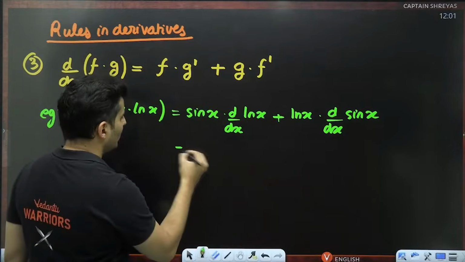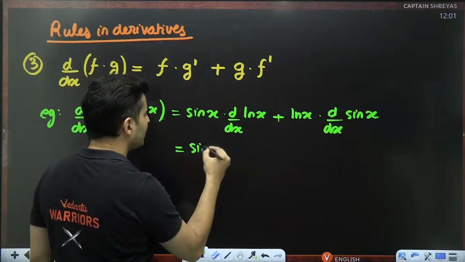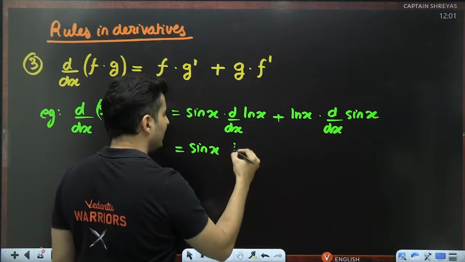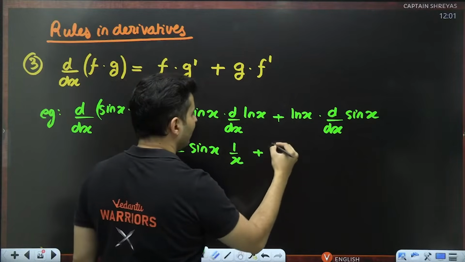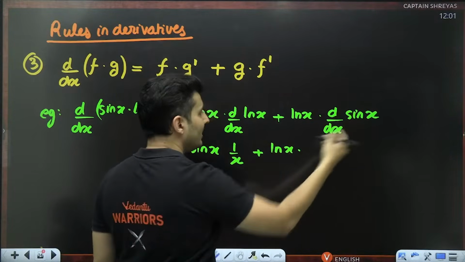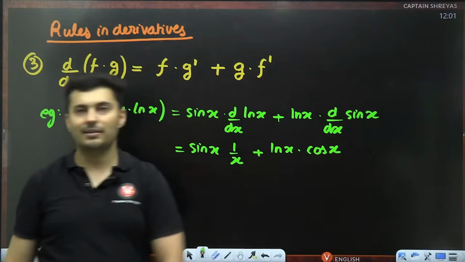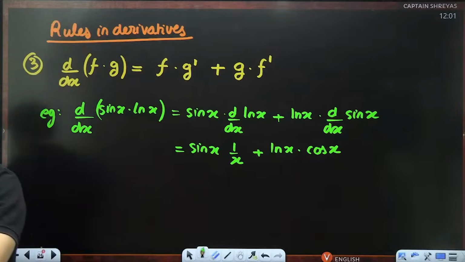That's all. So sine of x into, what is the derivative of log x? It is just 1 by x. Then plus log of x into, what is the derivative of sine of x? Well, that is cos of x. This is the complete answer.